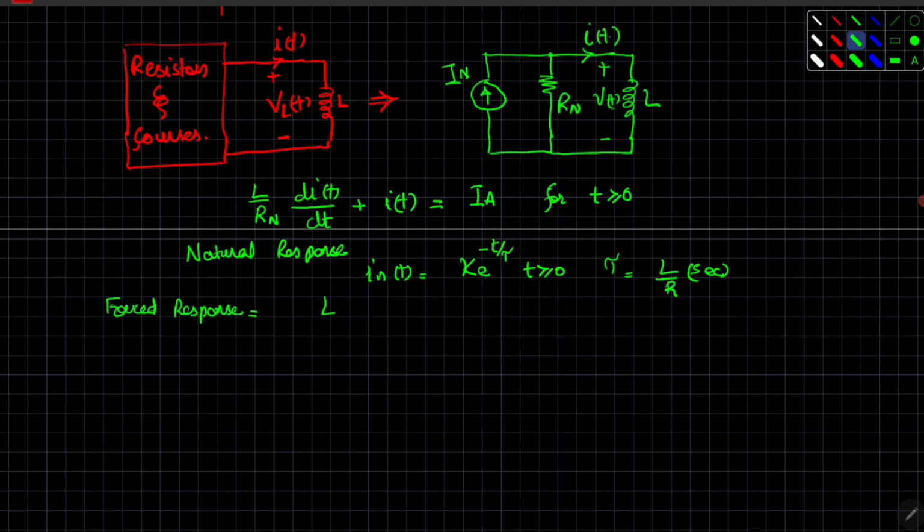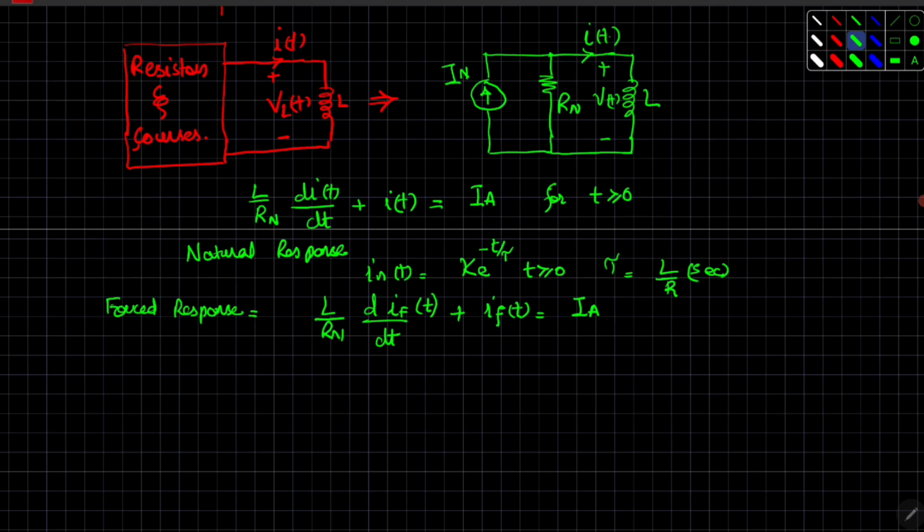our equation becomes L over R n di f over dt, and of course this is again a function of time, plus I of f times t, this is equal to IA, meaning the source current or the maximum current to which our inductor current will rise.